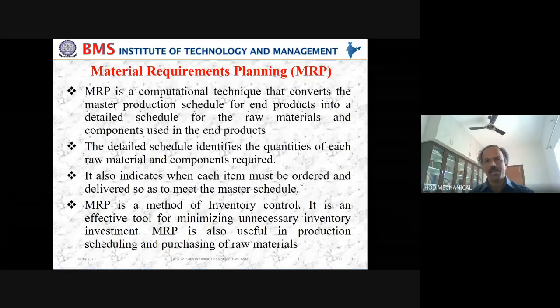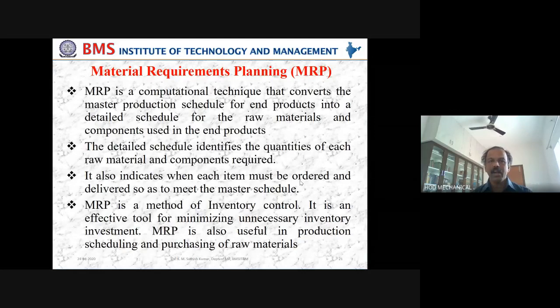It is the duty of the material requirement planner to understand how many raw materials, and what type, are required to produce that many products.